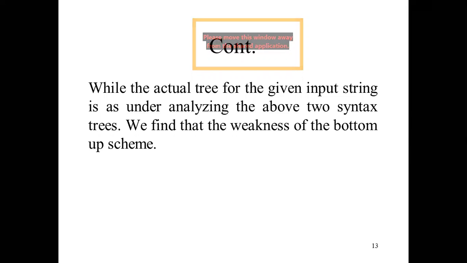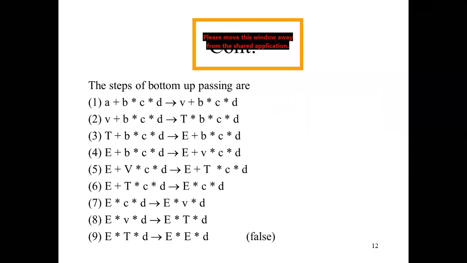Now we can see the actual tree for the given input string. Analyzing the above two syntax trees, we find the weakness of the bottom-up scheme. We are unable to get the particular output here, even though we are proceeding from the input string and using the mentioned grammar, but still we are unable to achieve the proper result.